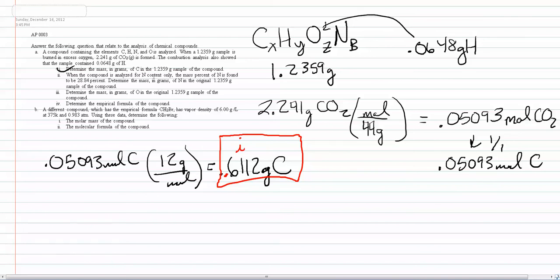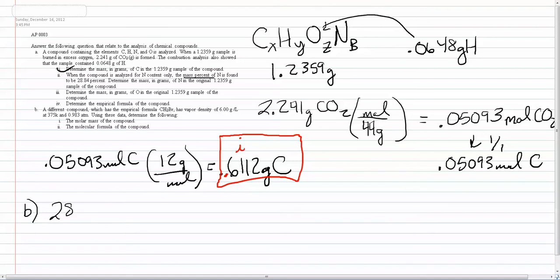When the compound is analyzed for N content only, the mass percent of N is found to be 28.84%. Determine the mass in grams of N in the original 1.2359 gram sample. Well, in this part, we'll do B down here.